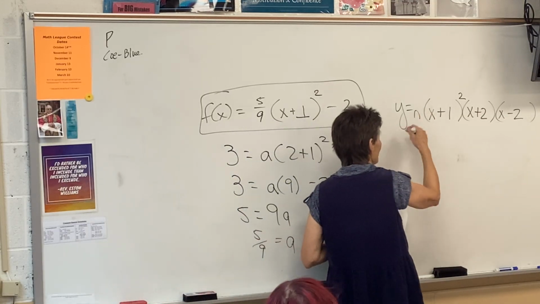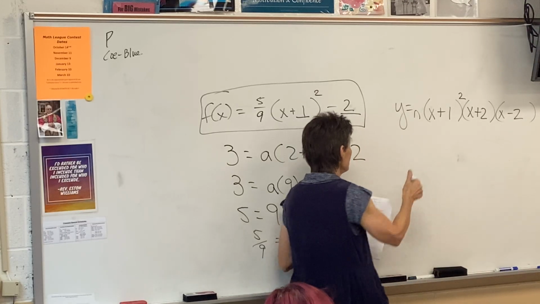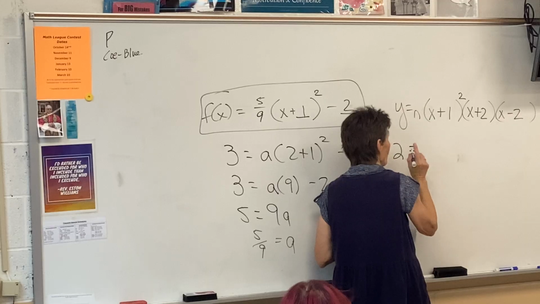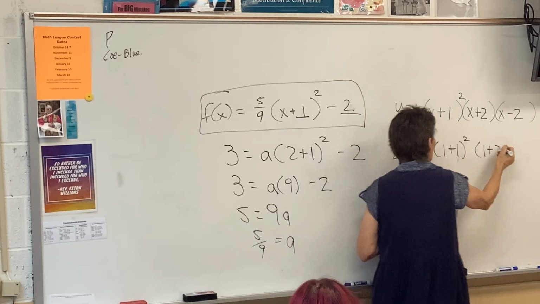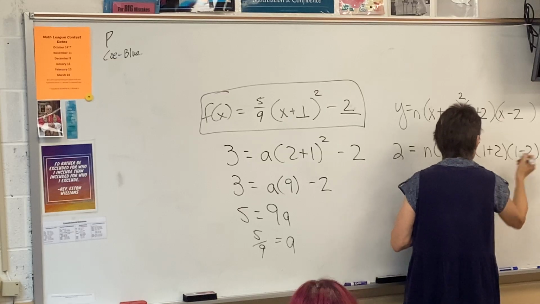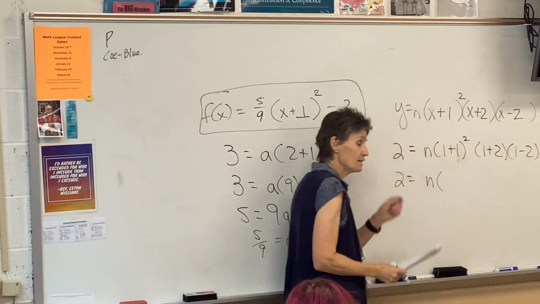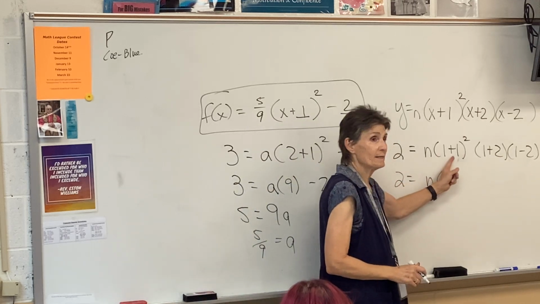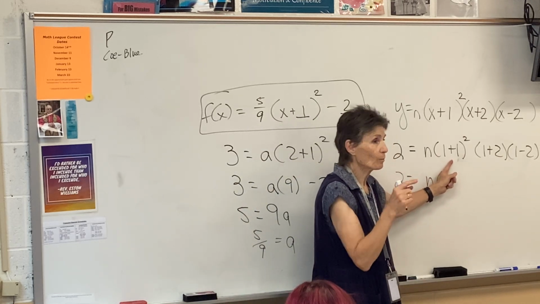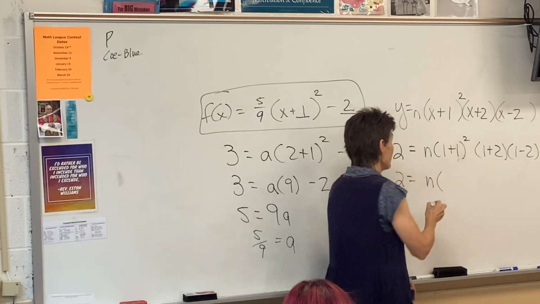Now, I'm going to figure out this number by plugging in 2 for y and 1 for x. This is why those squares are so important. 1 plus 1 is 2, but you don't write down 2 because you have to square it. So it's going to be 4.